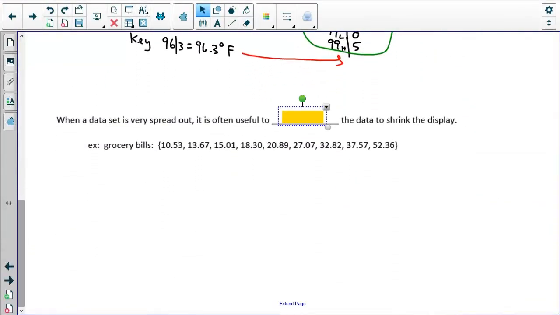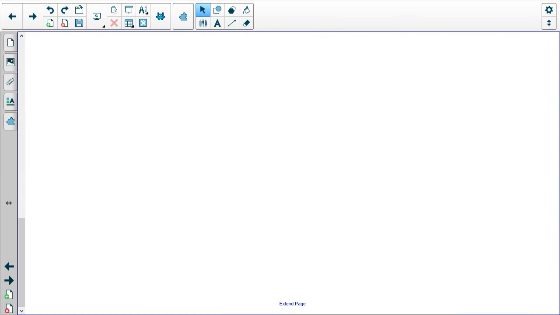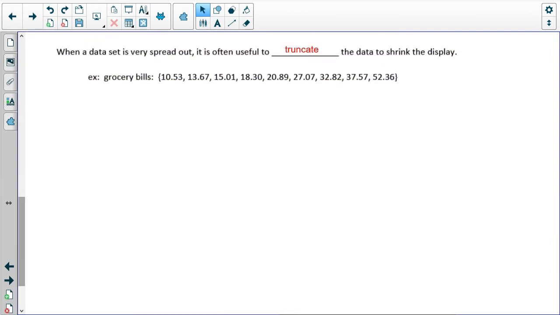When the data is often spread out, we may want to truncate the data. For example, if we are doing grocery shopping, we probably don't care that much about the decimal places because we would have to go 10, 11, 12, 13, 14, 15, 16, blah, blah, all the way down to 52 if we were going to just care about the dollars.